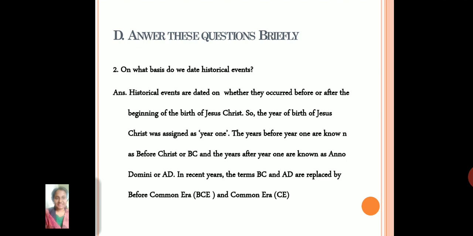Let me repeat the sentence. The years before year 1 are known as before Christ or BC, and the years after year 1 are known as Anno Domini or AD, full stop.